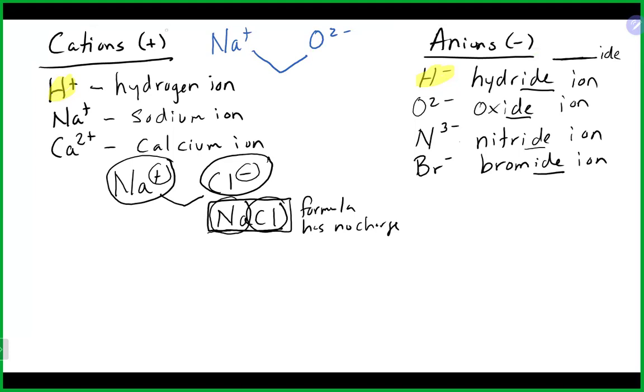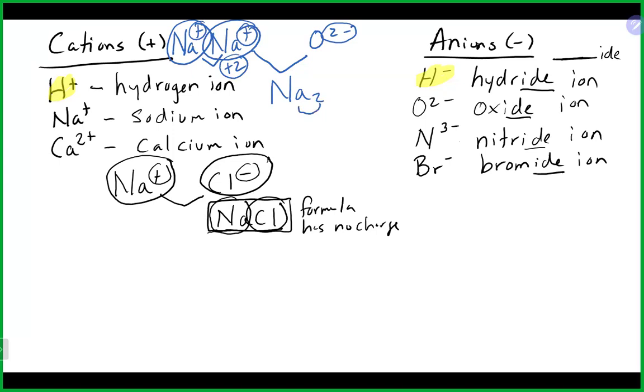We actually need not one, but two of them, which gives you a +1 and a +1. So our positive charge is now +2 overall, and our negative charge is -2, and that equals 0. When we write our formula, we count what we did: 2 sodiums, and we write Na with a 2 on the bottom.